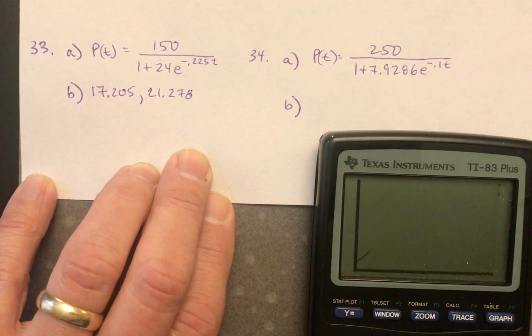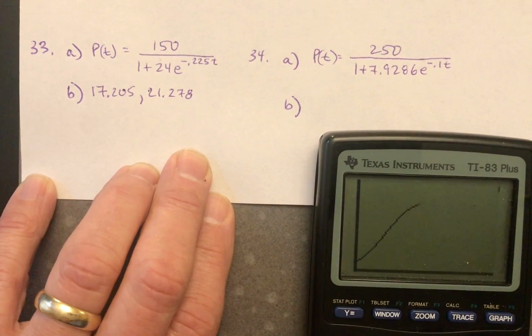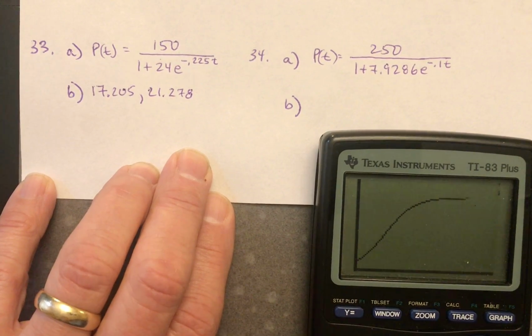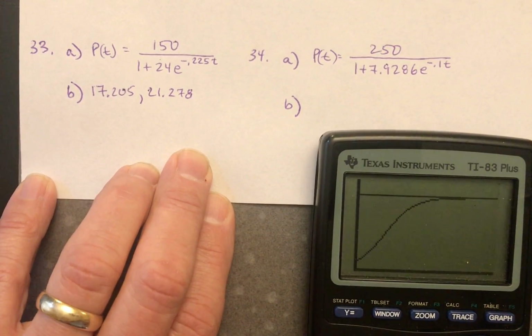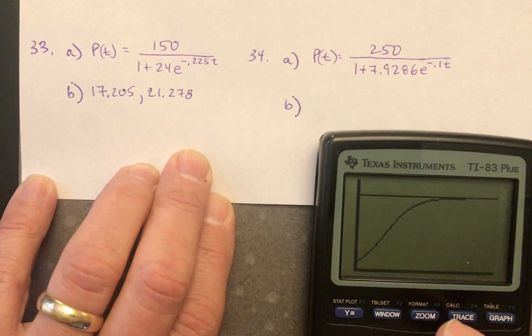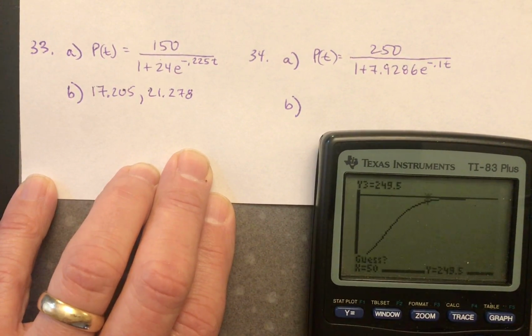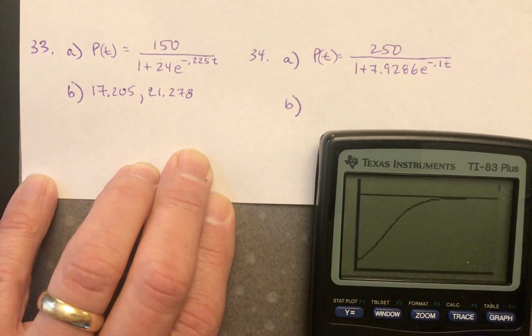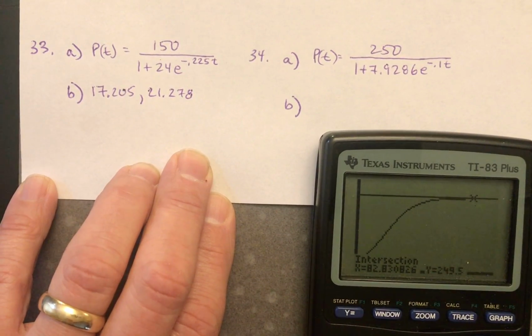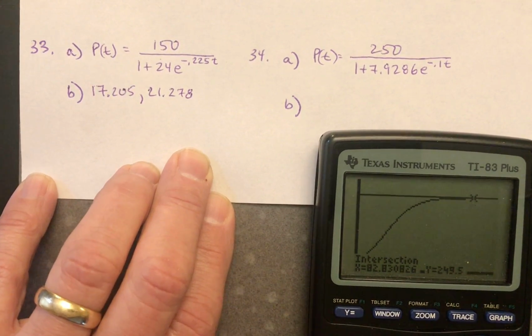So we're going to change it to just a little bit less than 250. And now when I graph it, I still have that horizontal line, but now I should be able to find a point of intersection. And so now when I do second trace, enter, enter, enter, I will now be able to get a point of intersection, and that turns out to be about 83 years.